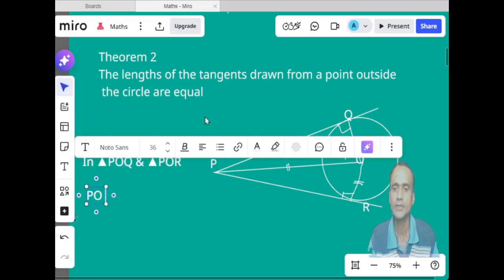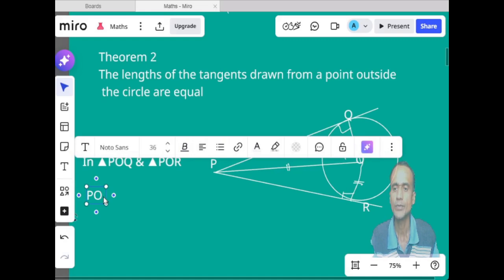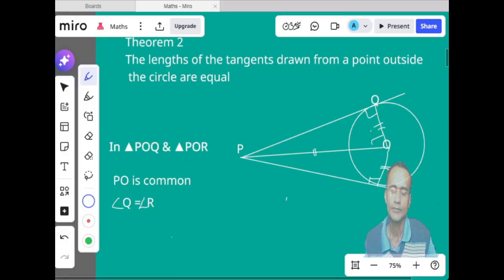So in triangle POQ and triangle POR, PO is common. Angle Q and angle R are both 90 degrees.